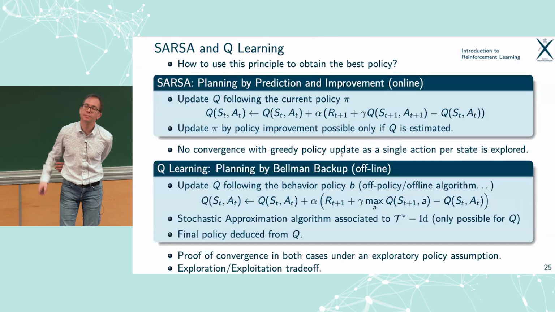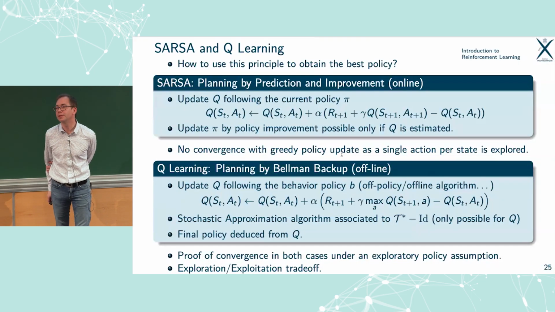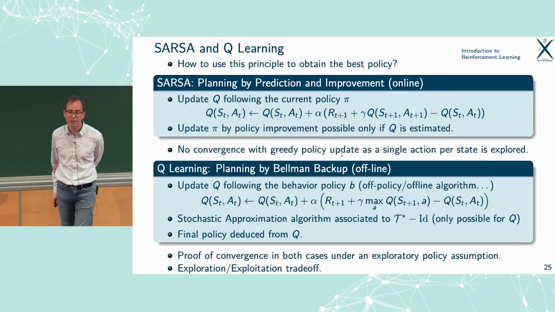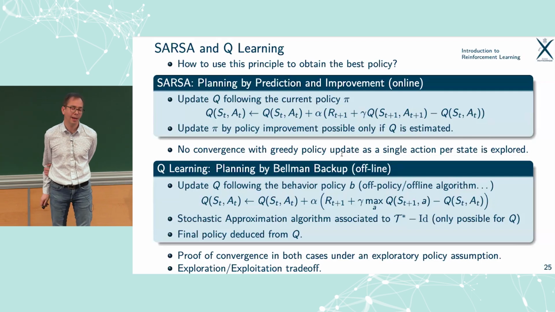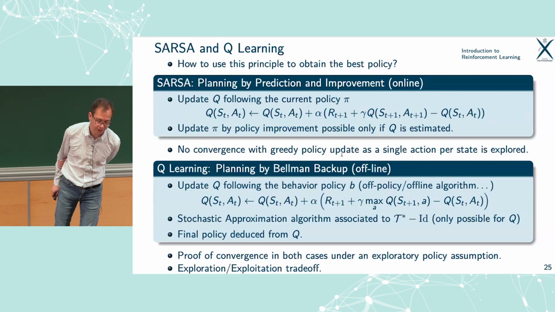And we can extend it to find the best possible policy, either by following a policy and trying to enhance it at each time step, or by computing directly the optimal value function, and then in the end deducing the best policy.